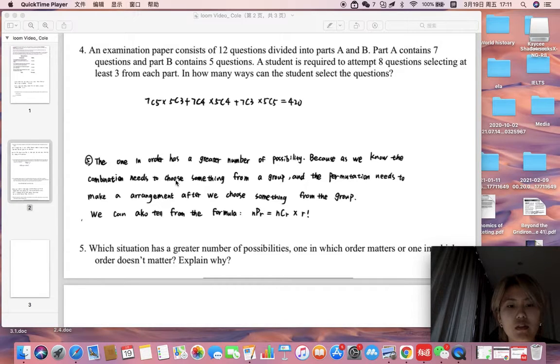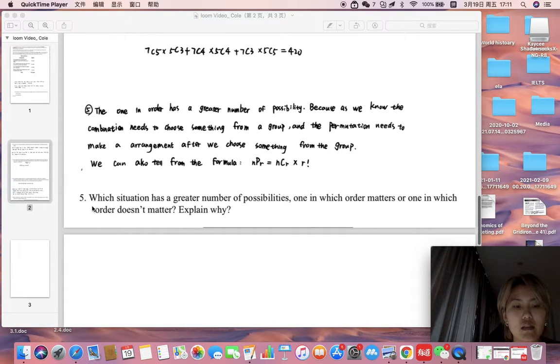So the answer is 7C5 multiplied by 5C3 plus 7C4 multiplied by 5C4 plus 7C5 multiplied by 5C5, which is equal to 420.